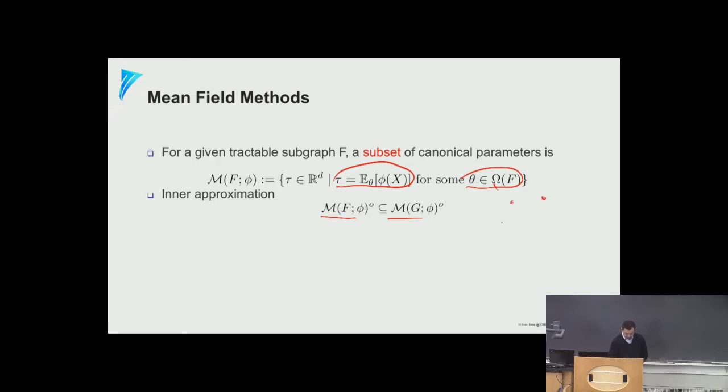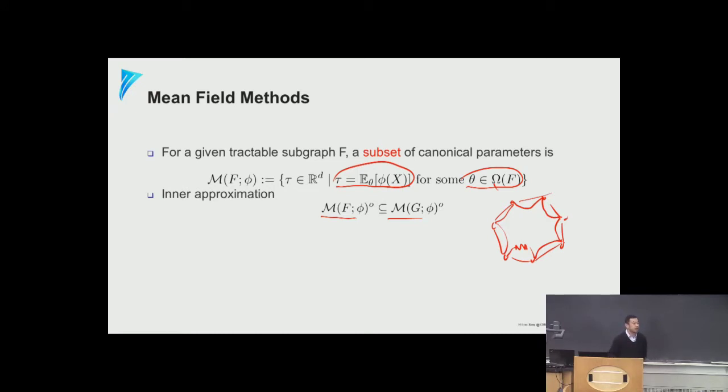What does an inner approximation look like? Remember, the marginal polytope is convex. We have the extreme points like this. Say this is the marginal polytope. How does an inner approximation look? It looks like this. It must be within. We could have a weird shape, but it is within this polytope. That's called an inner approximation.